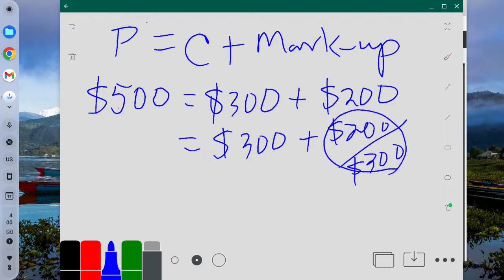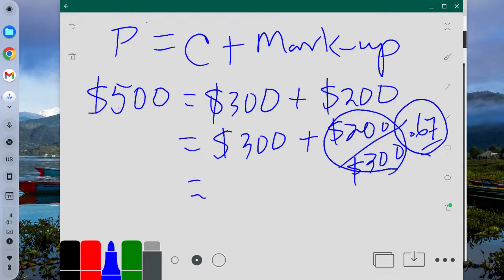So this is not a difficult thing, right? And if we factor out, this is like 2/3. So 2/3 is like 66 point, so let's say 0.67, right? So this is the markup rate based on the cost, right?